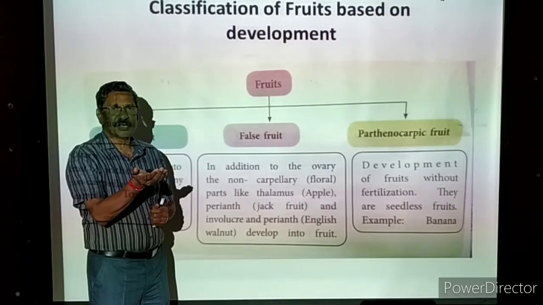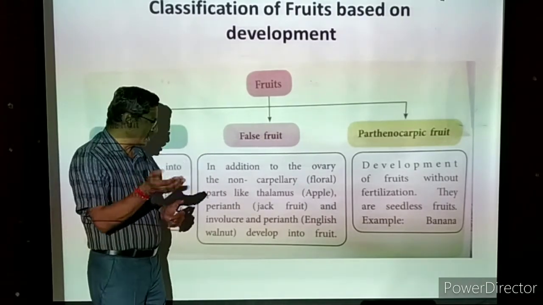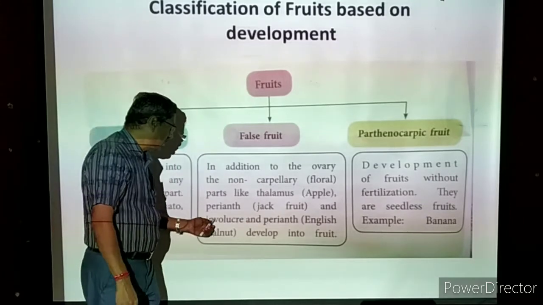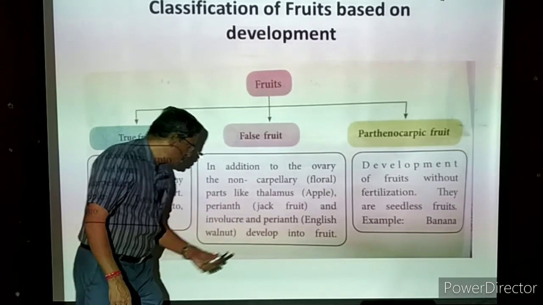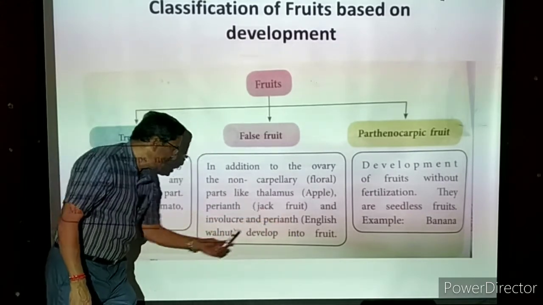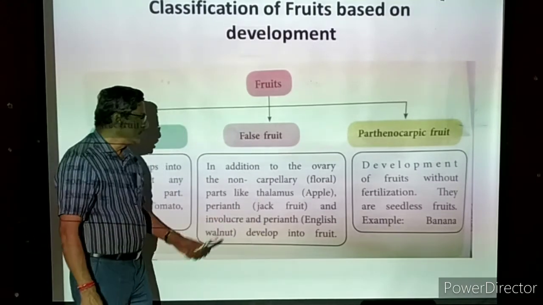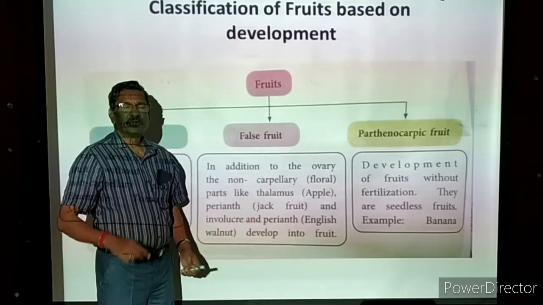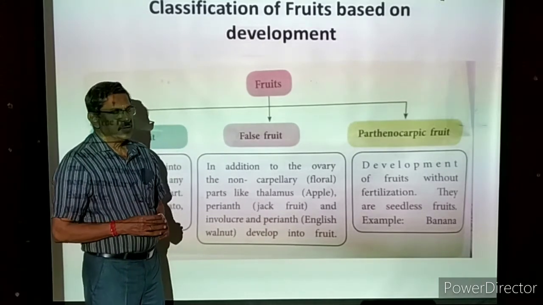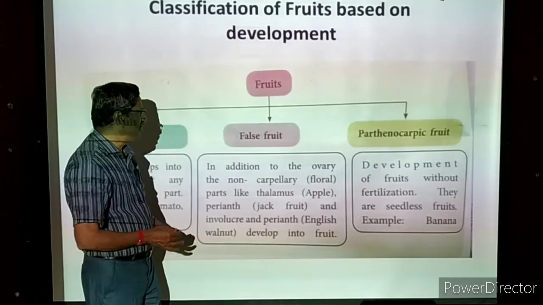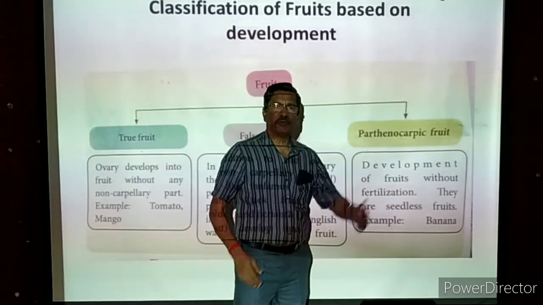The involucre is the bottom cup-like structure, the side wall of the receptacle. So the involucre and the perianth of the flower join together to form the thick and fleshy part. Example, English walnut. So in all these fruits, the real edible part is not developed from the ovary. They are developed from other parts of the flower. So they are false. Then we come to the parthenocarpic fruit.